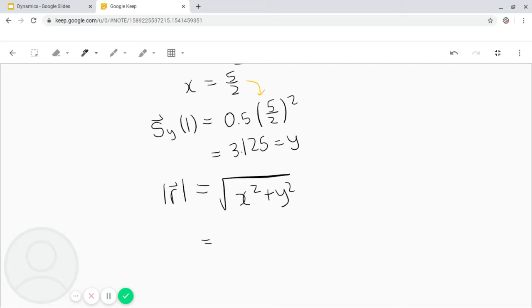So x was 5 halves squared plus y, which is 3.125 squared. This ends up being approximately equal to 4. So that's our final answer.